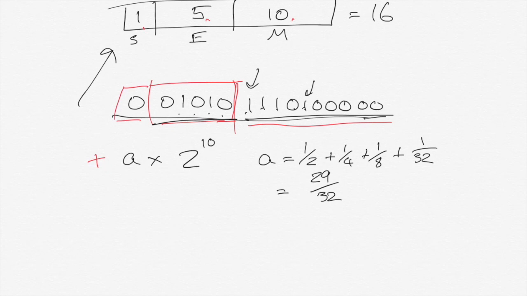We can very easily do that on a calculator, 29 divided by 32, just to get a decimal approximation, which is about 0.91. We'll call it 0.91. So this number here represents 0.91 times 2 to the power of 10, which I can type into my calculator and get an answer of 928.